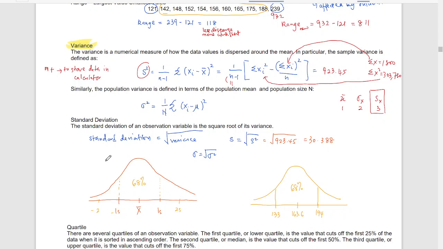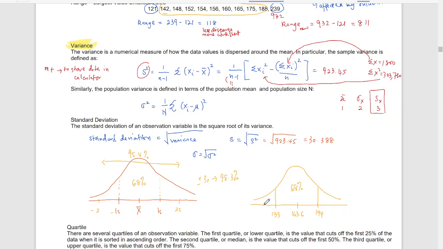So kalau yang ni between 2 standard deviation, it is approximately 95.4%. And then within 3 standard deviation, plus minus, it will be around 98.3. 98.3 kalau saya tak salah, ataupun 99.4.